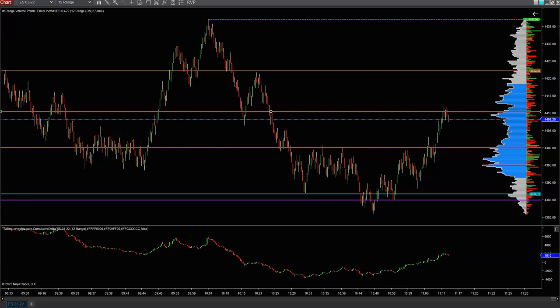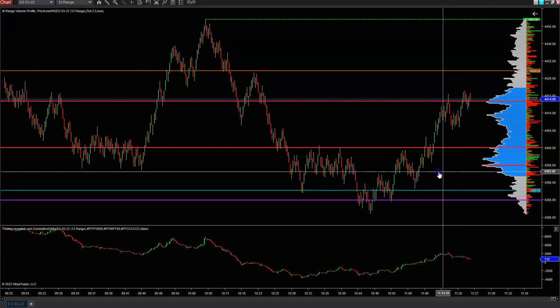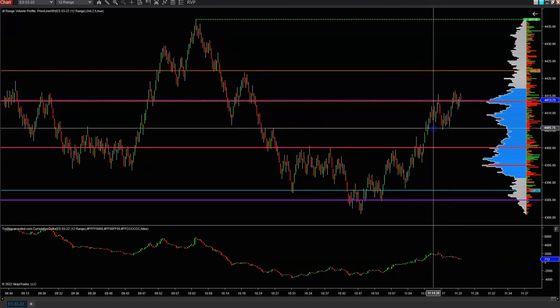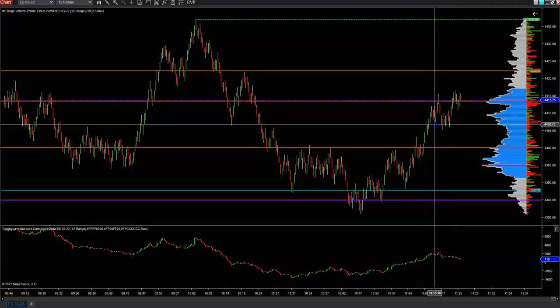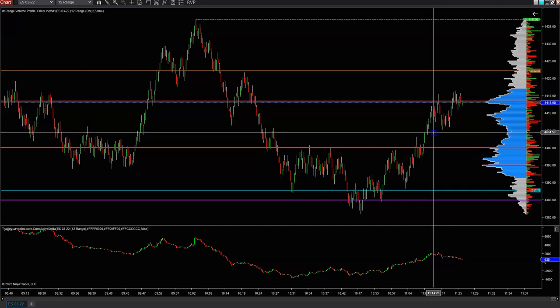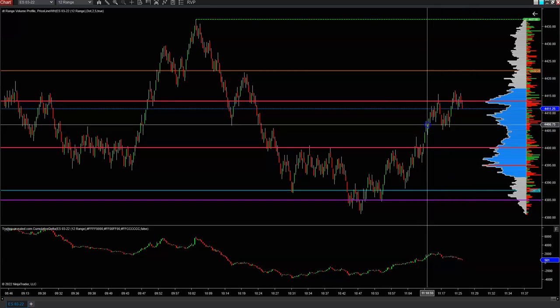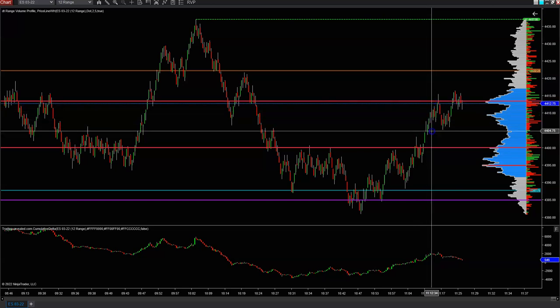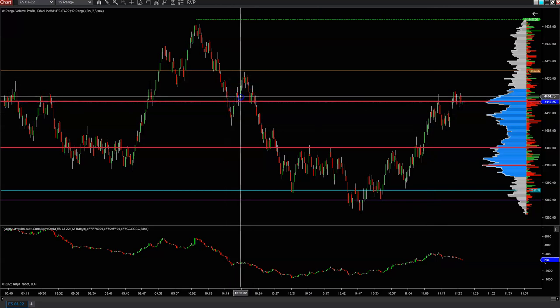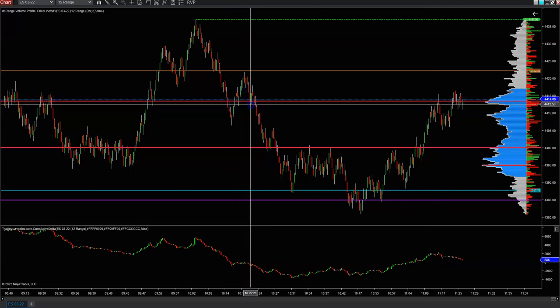Yeah, just being patient, waiting for price to show its hand. I'm just gonna wait, guys. Little doji candle here, price pulled back into this area here. This is resistance, of course.